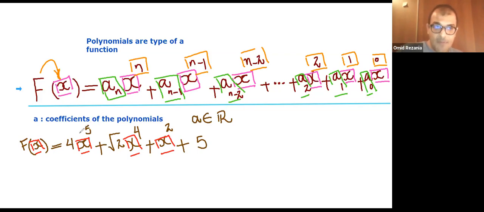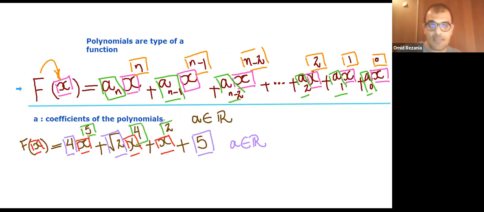Look at the coefficients: 4, square root of 2, 1, and also 5. All the coefficients are real numbers. And I can see the exponents are going to be 5, 4, 2.